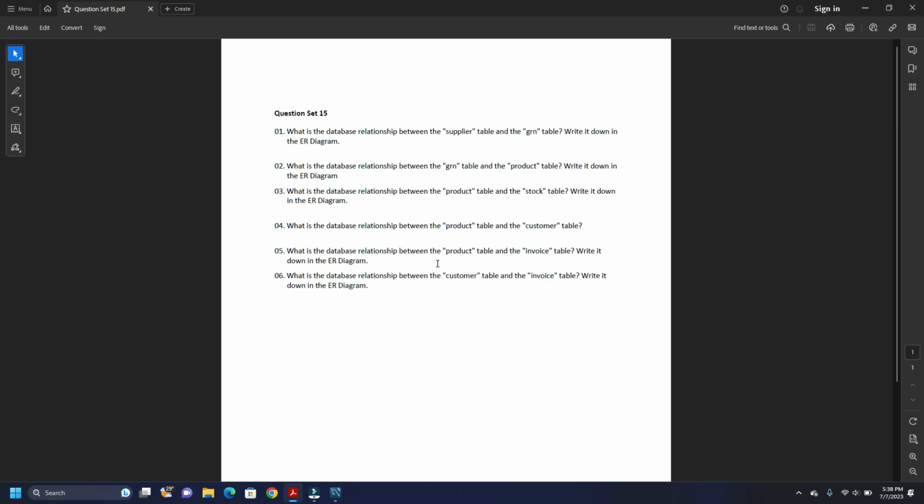But a product can only have one invoice. For example, let's say a customer buys a mobile phone. The description of it would only be in one invoice. It can't be in multiple invoices. Therefore, the relationship between those two tables would also be a one-to-many relationship. The many side of that relationship would be the product table.